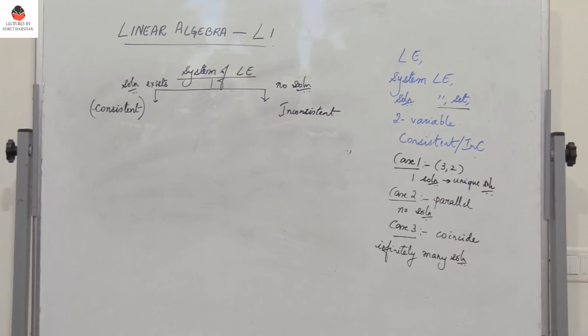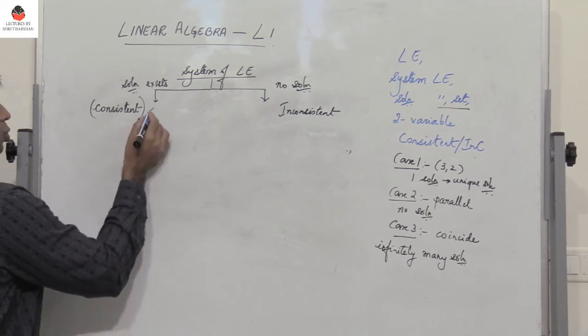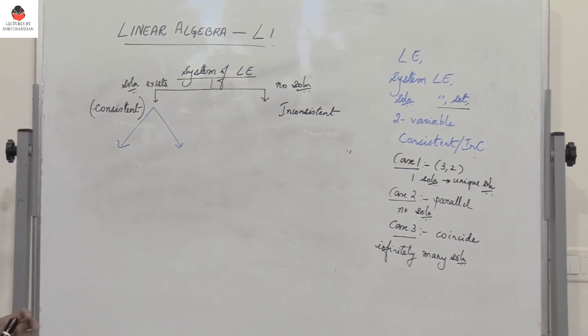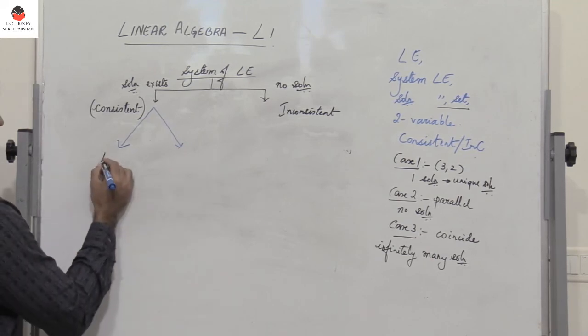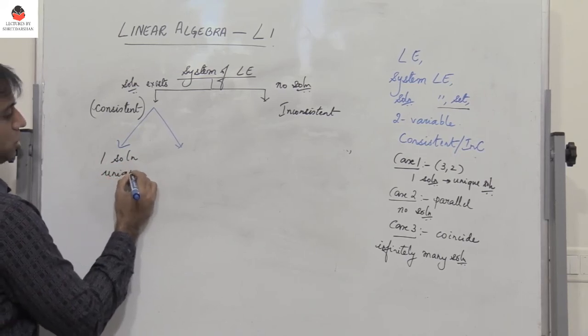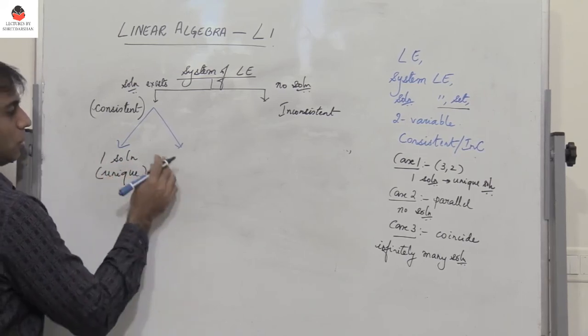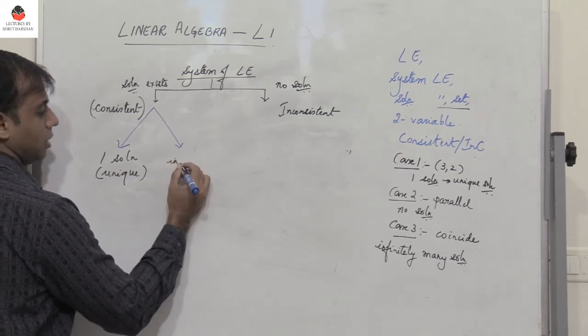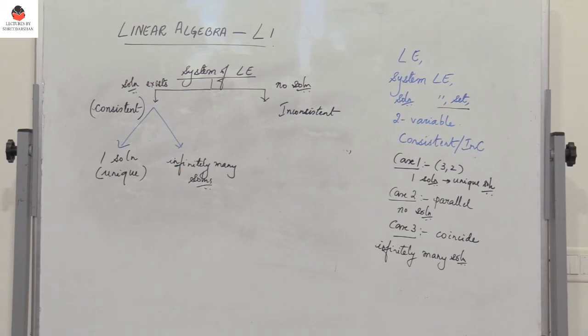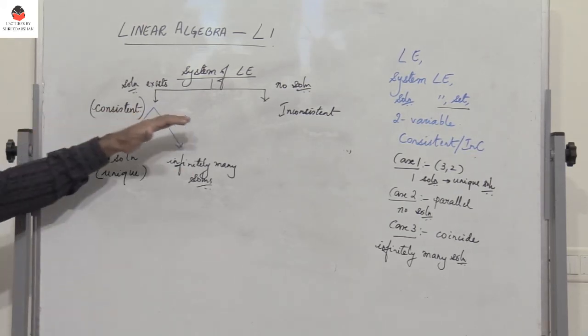But now if the solution exists, then we have two different cases. We could have a unique solution, one solution. That means the solution is unique. Or the other case is infinitely many solutions. So given a system of linear equations, let me again repeat, we have two possibilities.